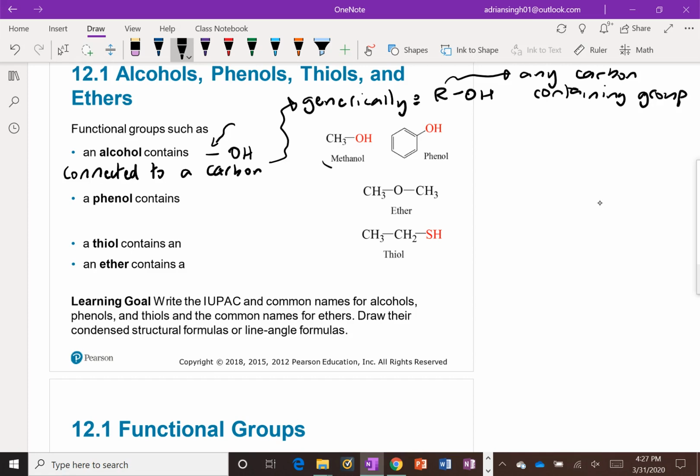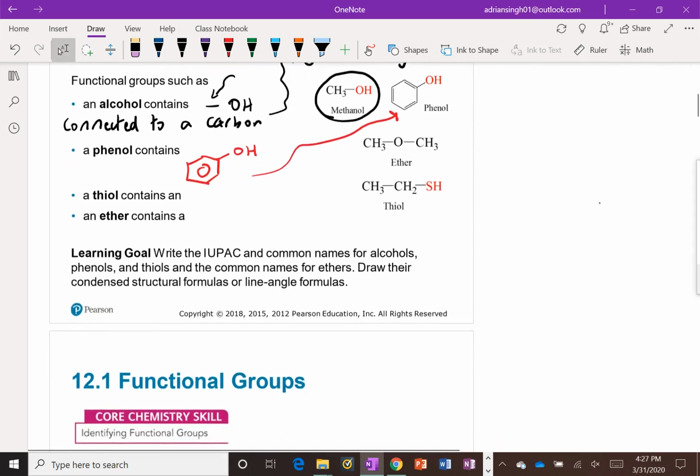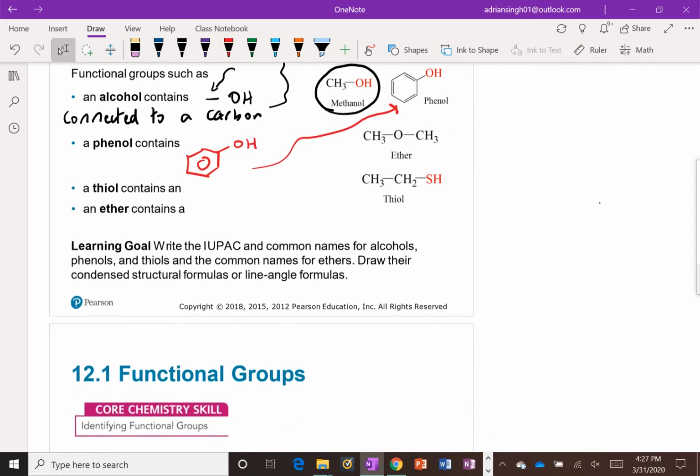So for example, if that's just a CH3, we end up with a molecule known as methanol. Phenol, we saw this as well as a derivative of benzene before, so this is a special case where you have your benzene connected to an OH group, right? So that itself is known as phenol or phenol, depending on how you want to pronounce it.